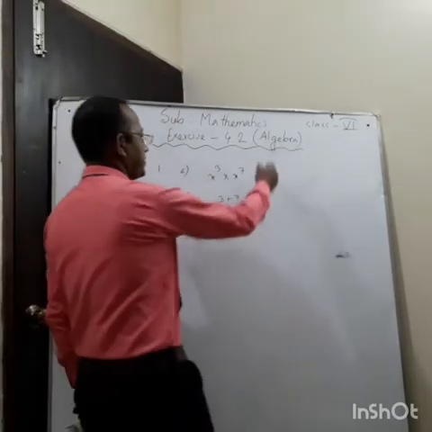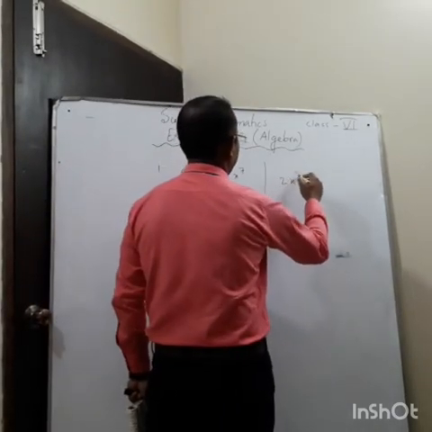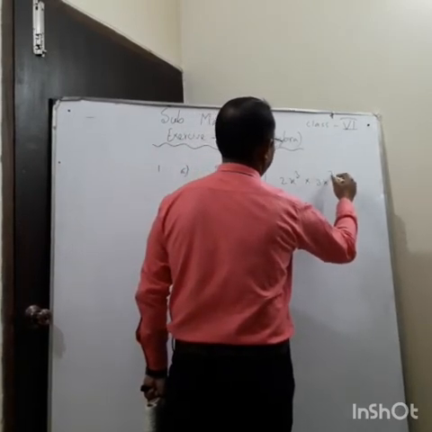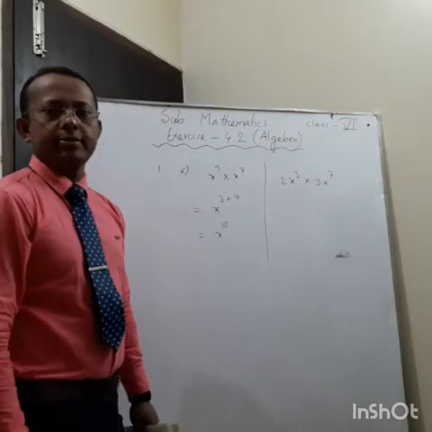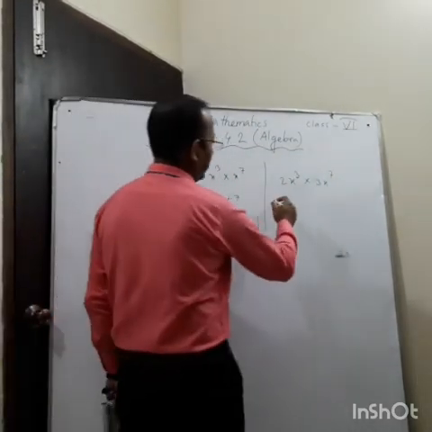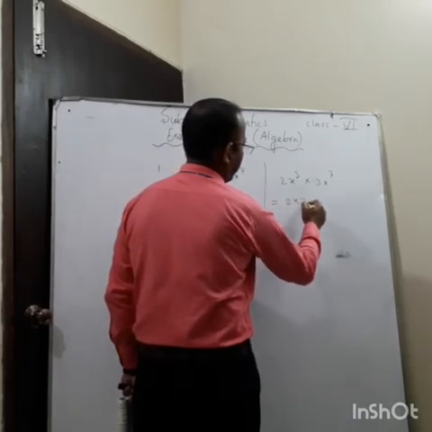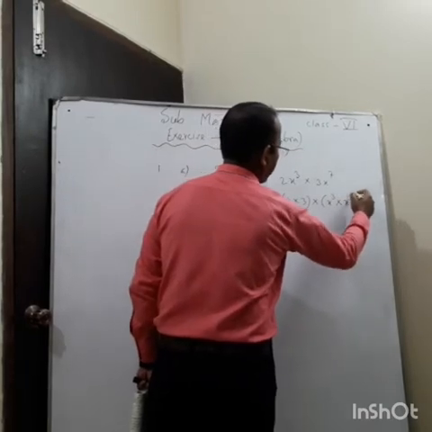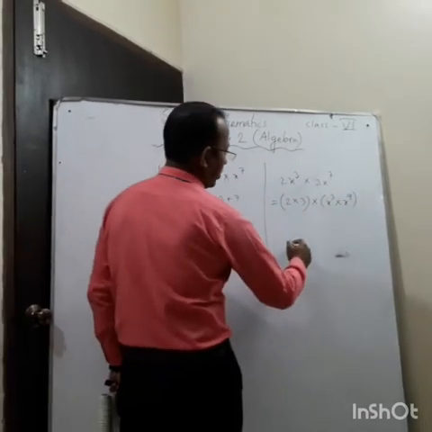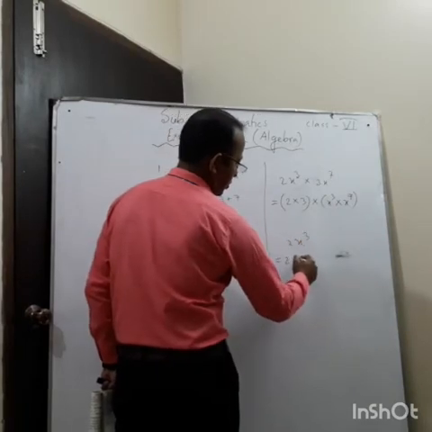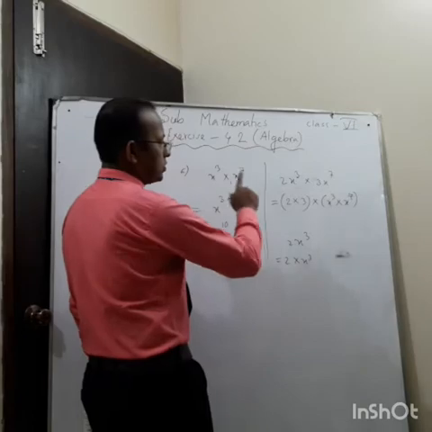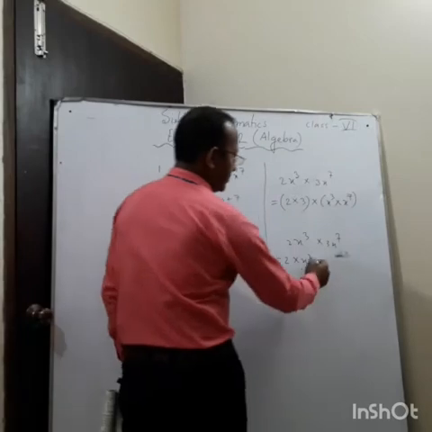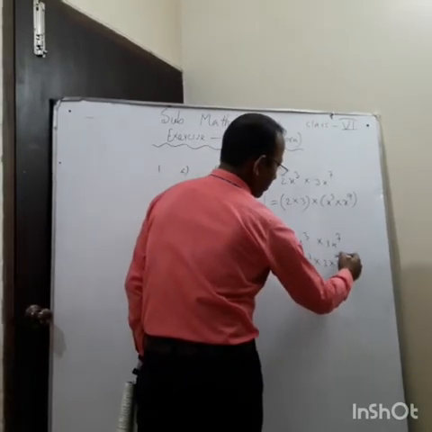Now, when it is 2x cube into 3x to the power 7, in that moment the solution will be 2 into 3 into x cube into x to the power 7, because 2x cube means 2 into x cube, and 3x to the power 7 means 3 into x to the power 7.